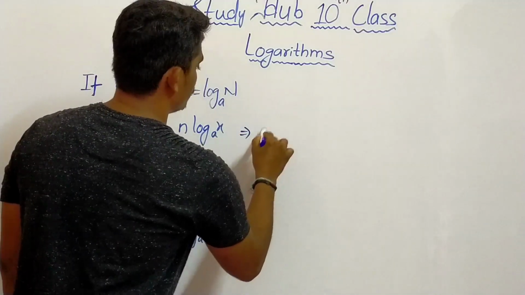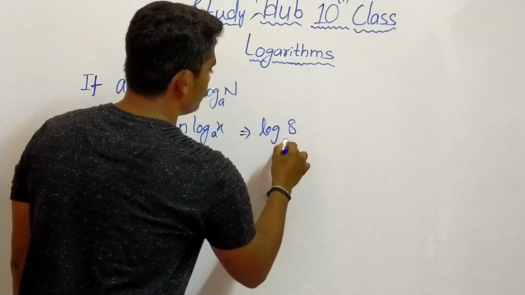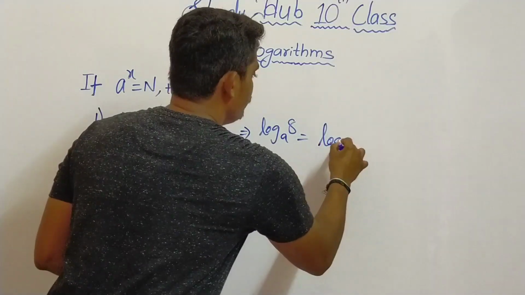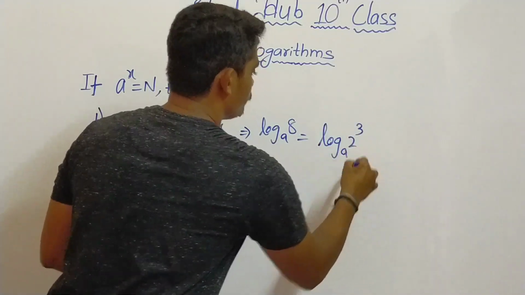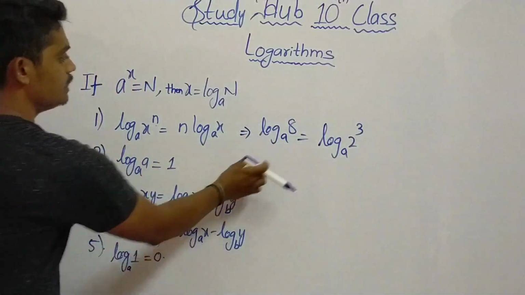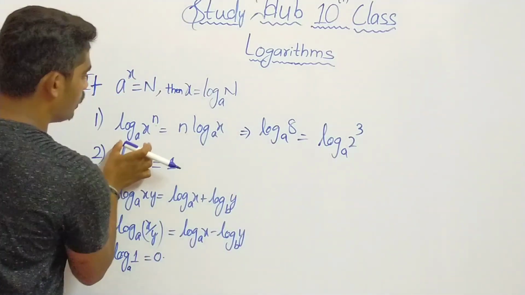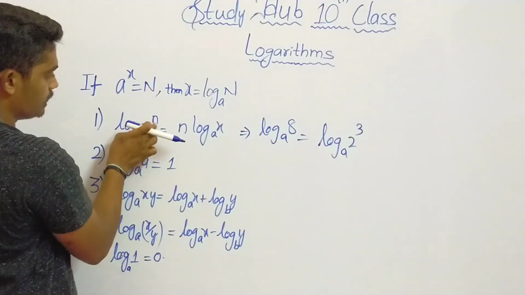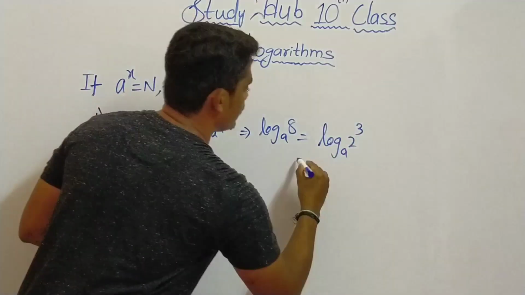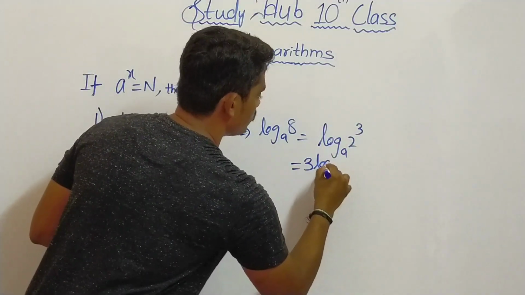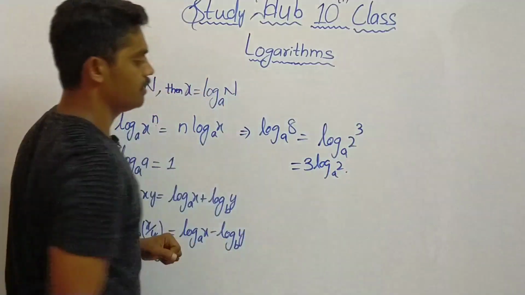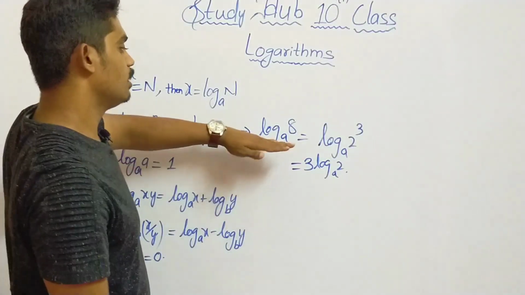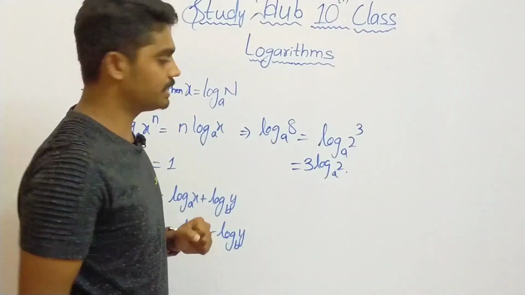Let us see an example. When we have log 8 base a, 8 we can write as 2 cube, which is in the form of log x power n base a. So this 3 we can write in the front, 3 log 2 base a. This is easier to find than log 8 base a.